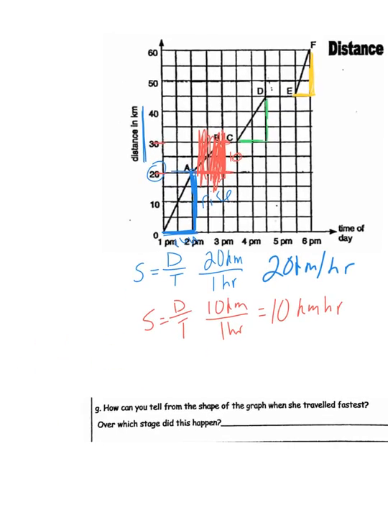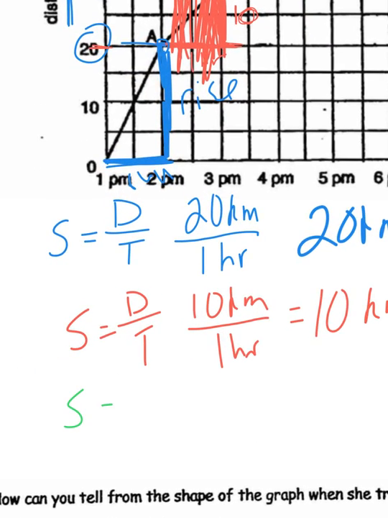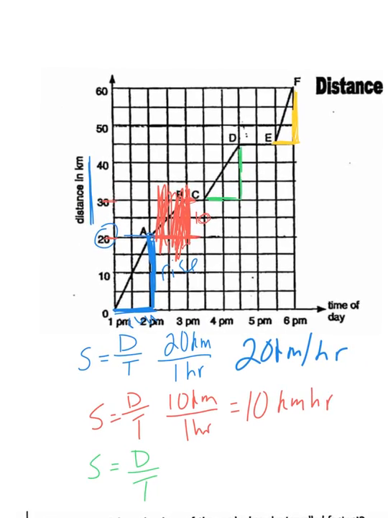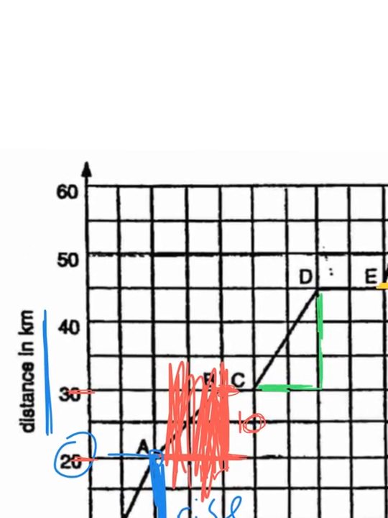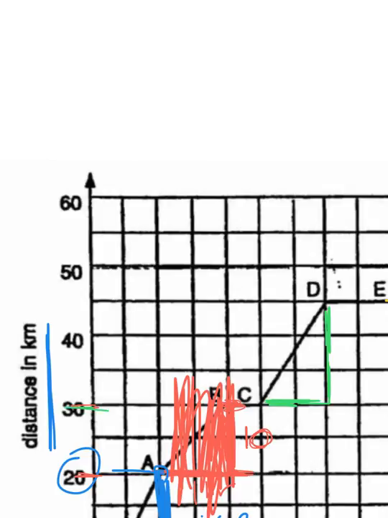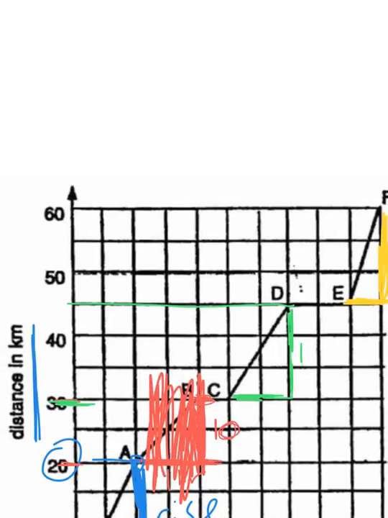All right, let's look at the green. Speed equals distance divided by time. I want to know how much distance was traveled between C and D. So I'm starting at the 30 and I'm going up to, looks like 45. Between 30 and 45, that's 15. So 15 kilometers is my distance.